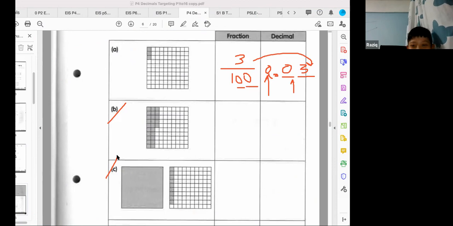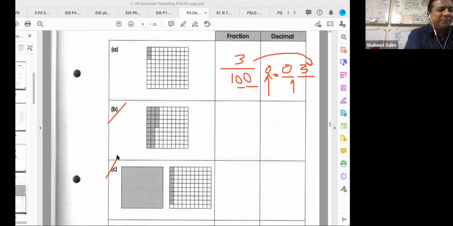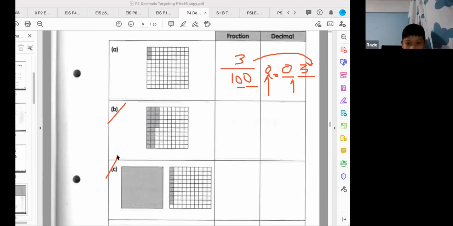Okay, I'm done. What I mean by that is, okay, no problem, no problem. Please erase this. Erase which one?